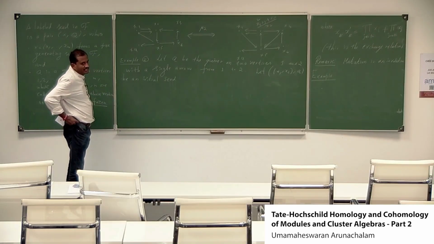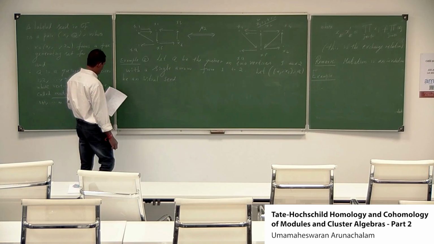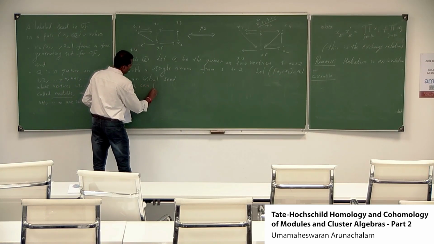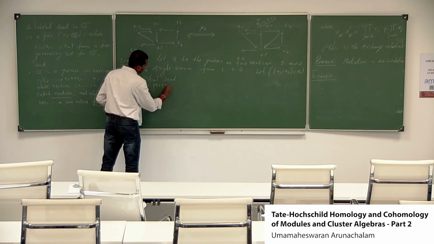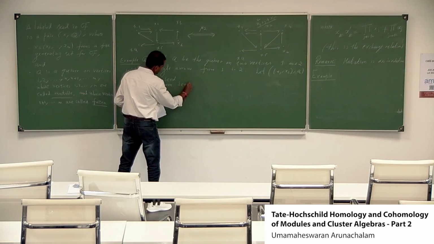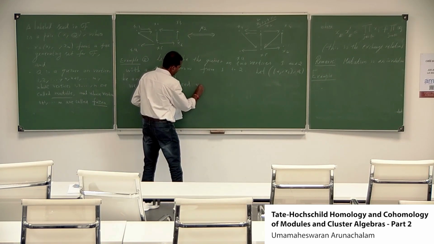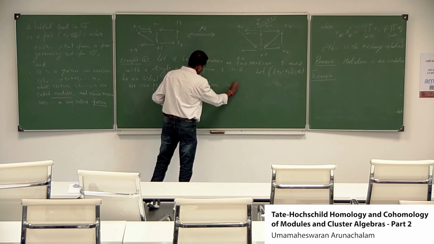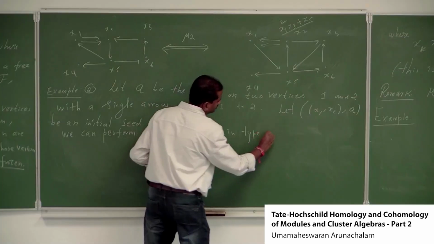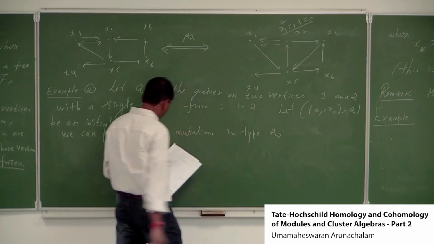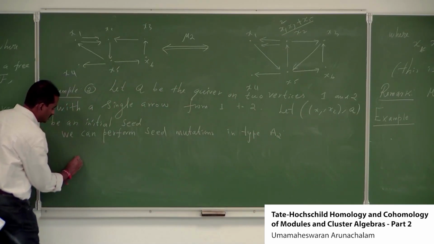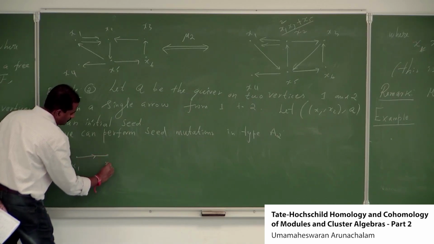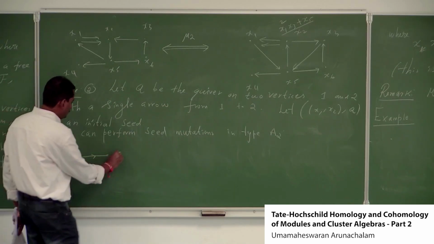We can perform seed mutations in type A2. A2 is the Dynkin diagram, I will tell you later. So I am taking first the variable x1 to x2, mu1.